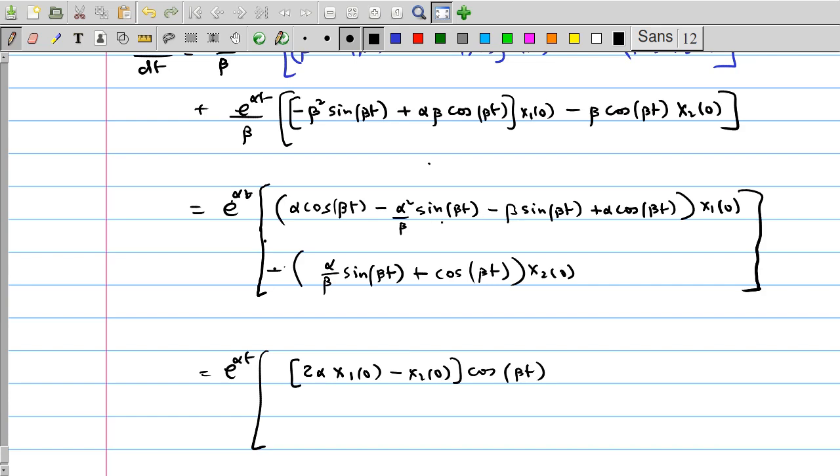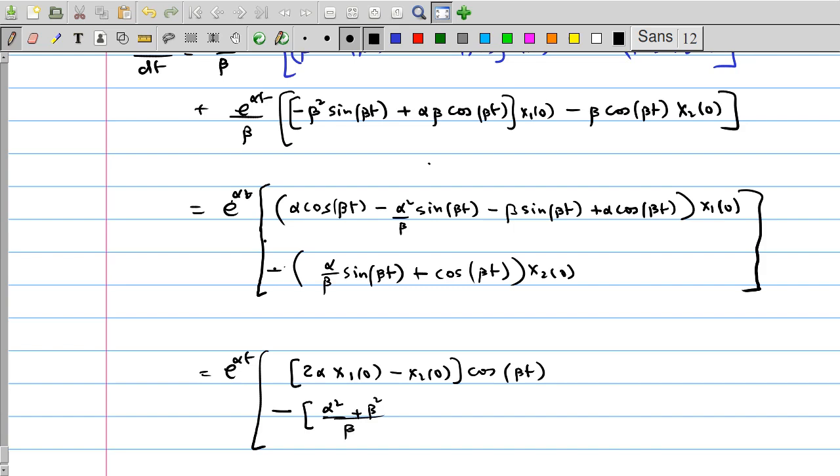So minus alpha square over beta plus beta. Alpha square over beta plus beta, isn't that just alpha square plus beta square over beta? Yeah. That looks nicer than this.